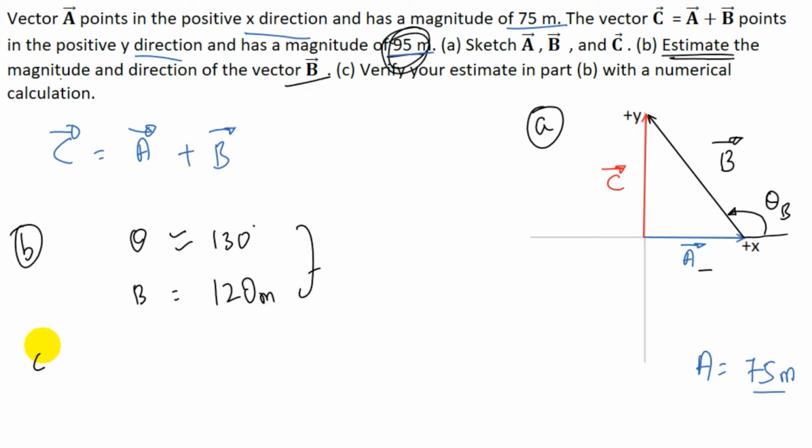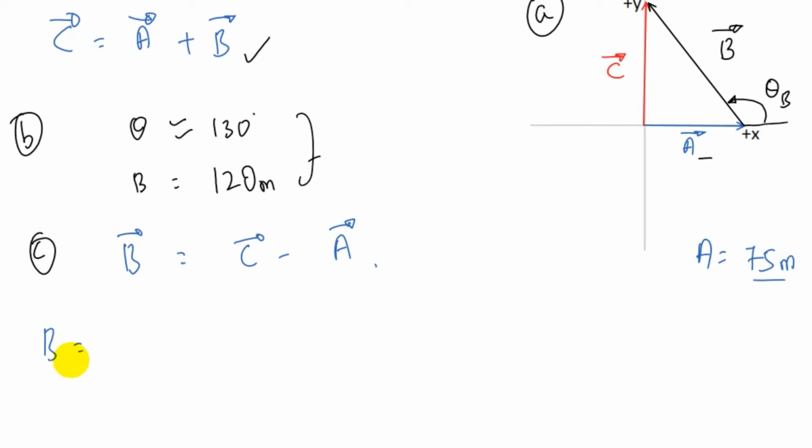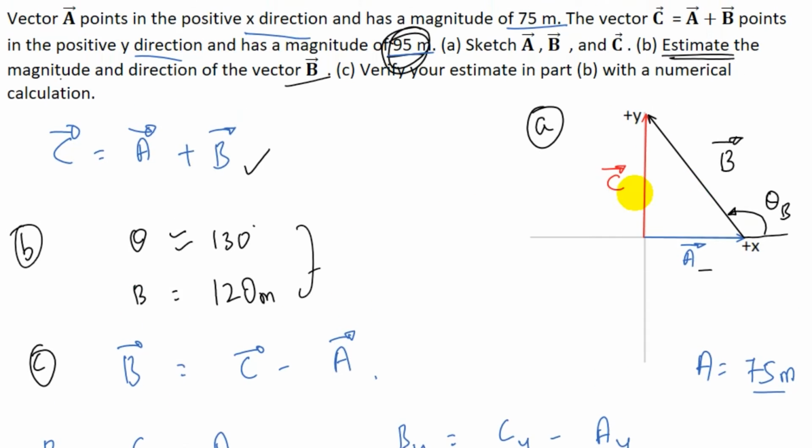Now in the C part we have to verify our estimation in the part B. Okay, now we'll get the exact values. From this equation we can write that the B vector will be C vector minus vector A, like this. Now what would be the x component for vector B? Cx minus Ax. Similarly the y component would be Cy minus Ay, like this. Now the C vector points along the positive y direction.